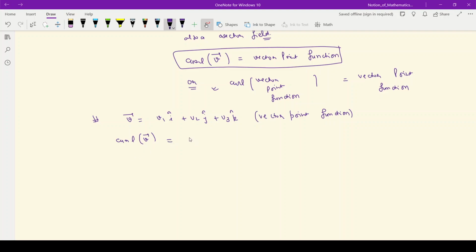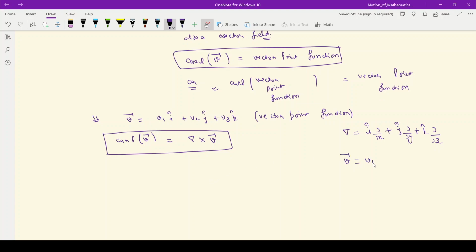It is defined as del cross v vector, where del is an operator defined as i cap partial by partial x plus j cap partial by partial y plus k cap partial by partial z, and v vector is given like v1 i plus v2 j plus v3 k cap.